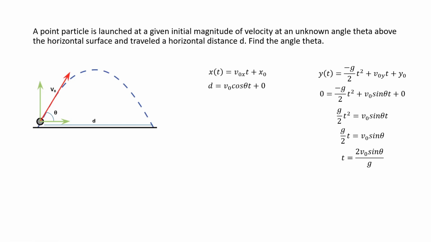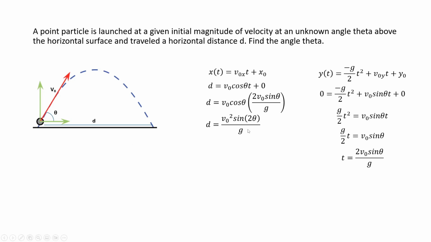Now we can go ahead and substitute in t, and if you notice here, we have a trig identity, 2 sine theta cosine theta. We can rewrite that as sine 2 theta, and then we have v naught squared divided by g. And from here, we can just go ahead and do some basic algebra to solve for our theta.